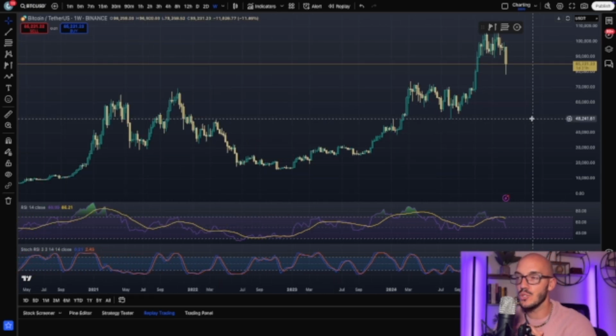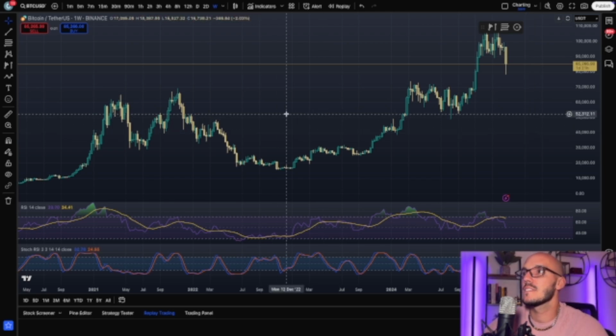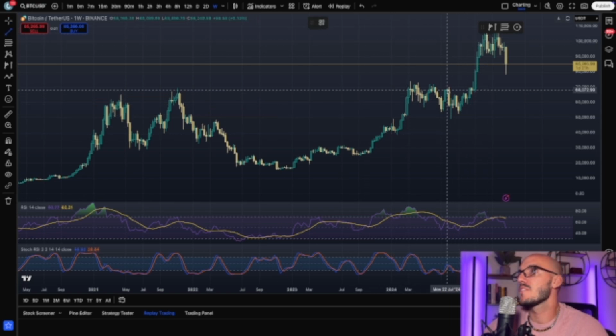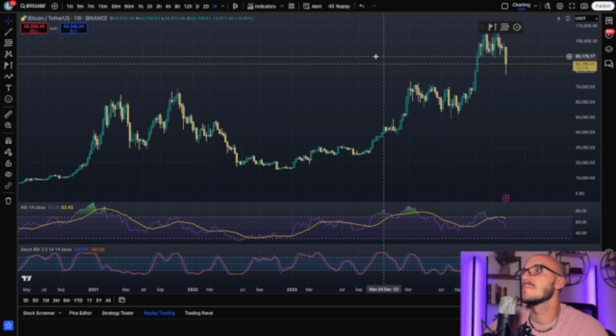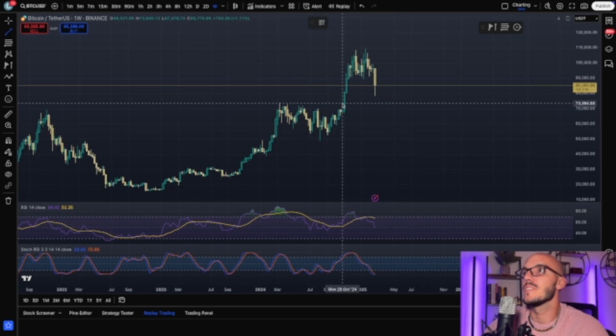The next way to use RSIs is with something called divergences. Okay, divergences. So a divergence is when you have the price doing one thing, like in this example right here.